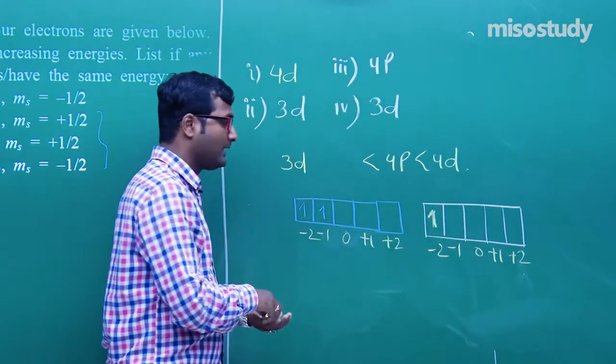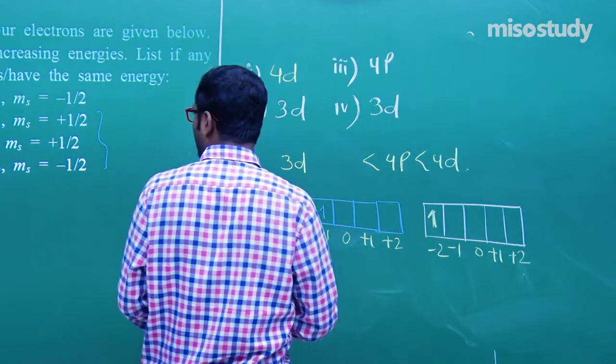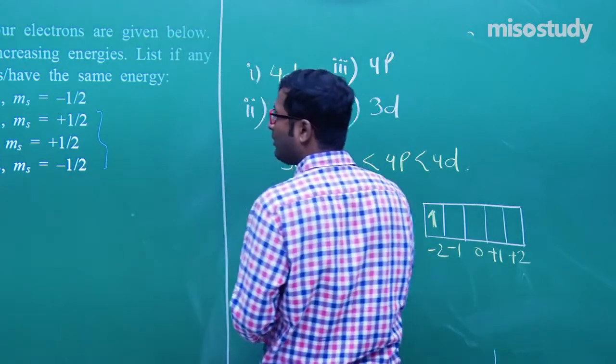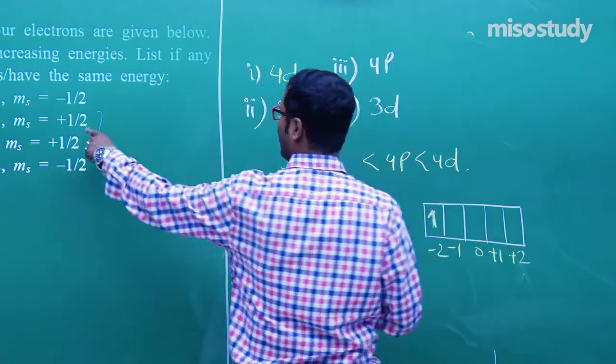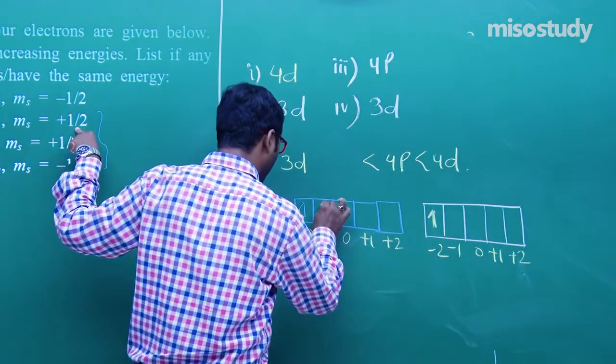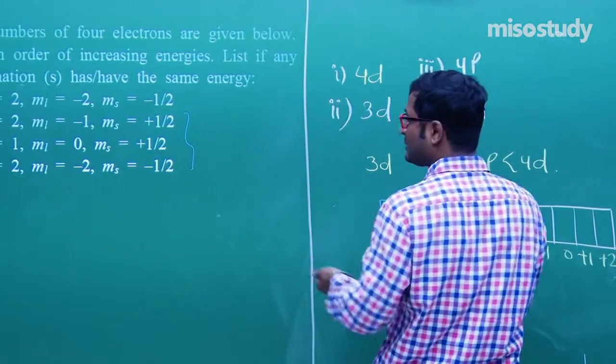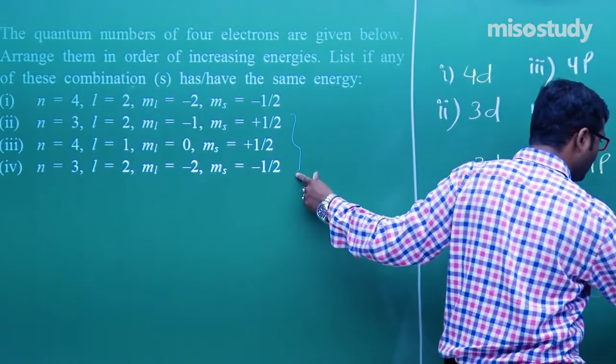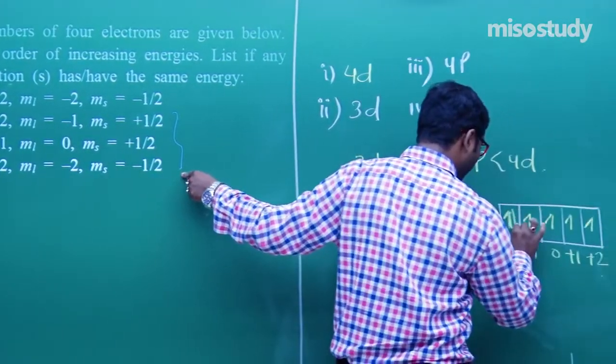Clear to you? That is 1, minus 2, and ms, wait for a moment, ms equal to plus half, that is clockwise, but here ms is equal to minus half, that is 1, 2, 3, 4, 5, that is 6.